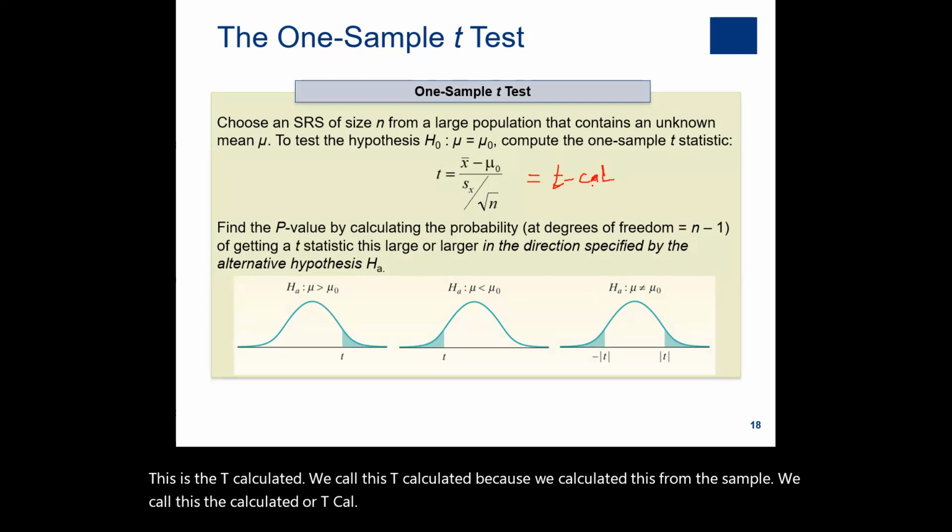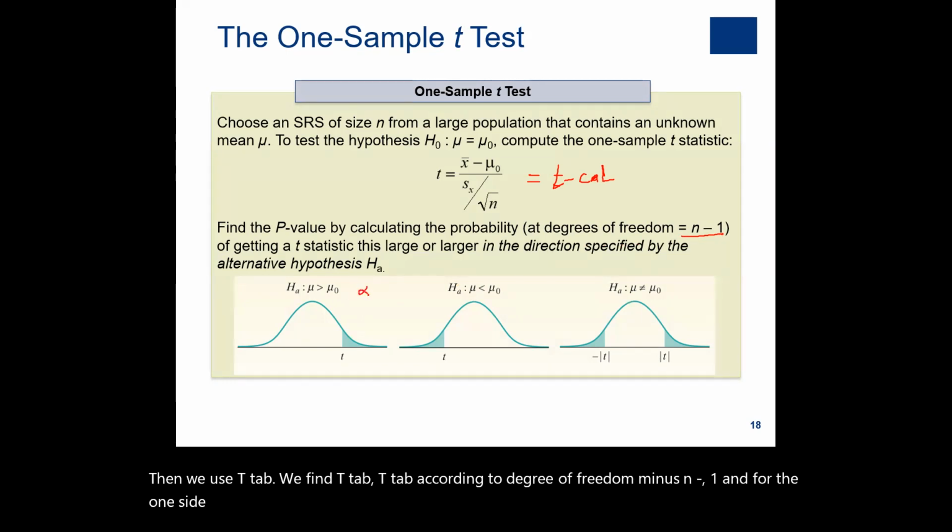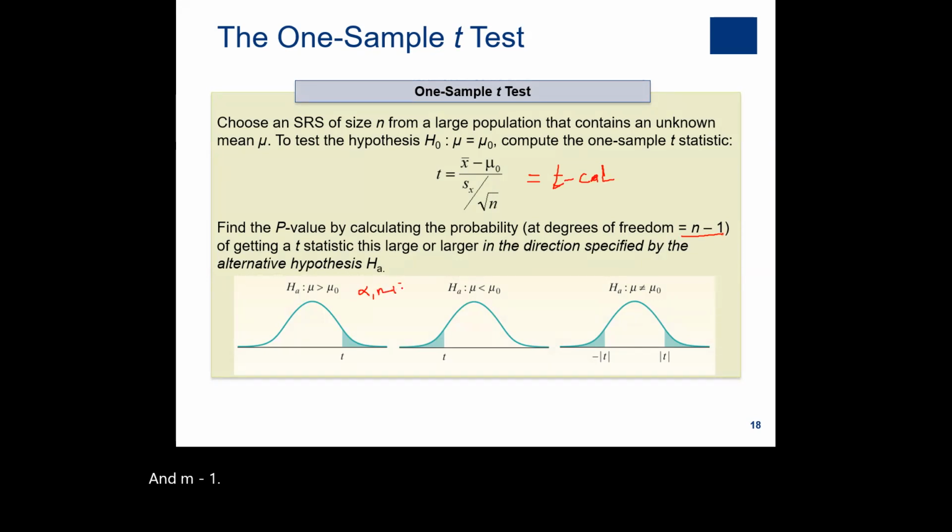Then we use T tab. We find T tab according to degrees of freedom, n minus 1. For the one side, we use alpha and n minus 1 for T tabulated.